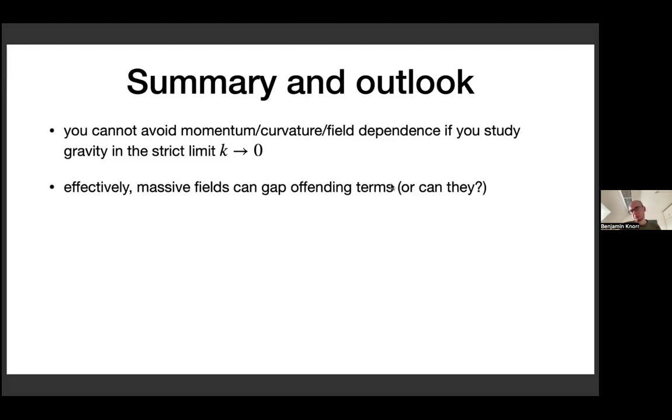Effectively, you can work with a derivative expansion if you have massive fields. They might gap the offending terms, but once again, it might not work in all cases, for example, for gravitational couplings. So there's a little bit of a question mark there.